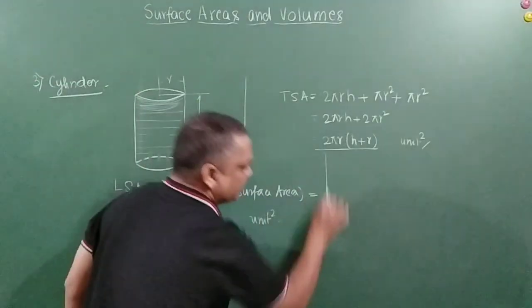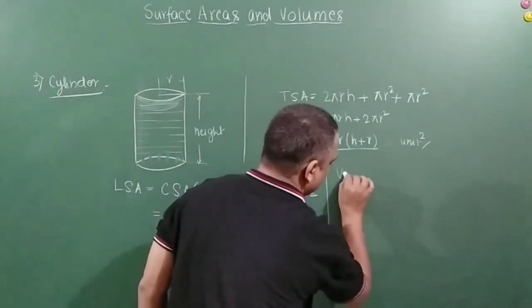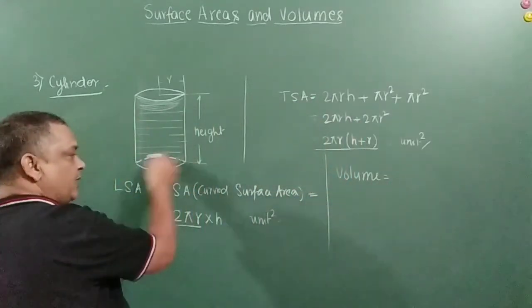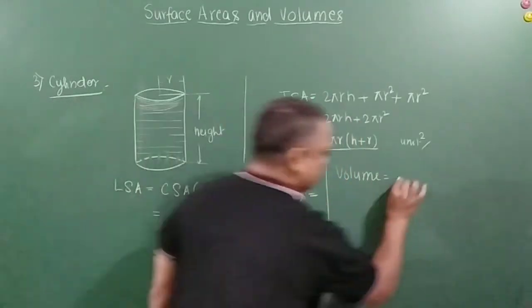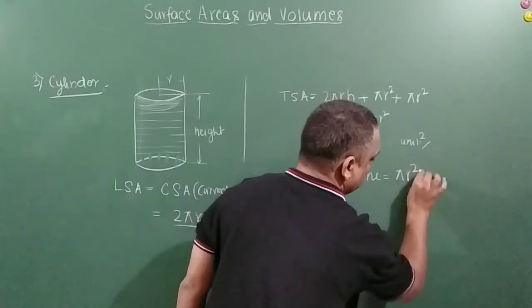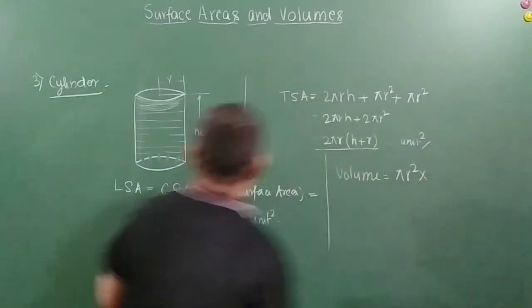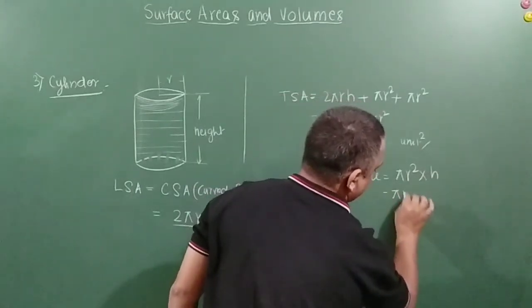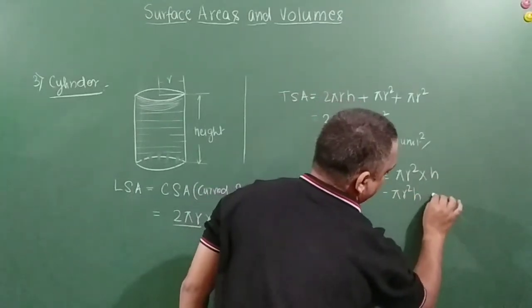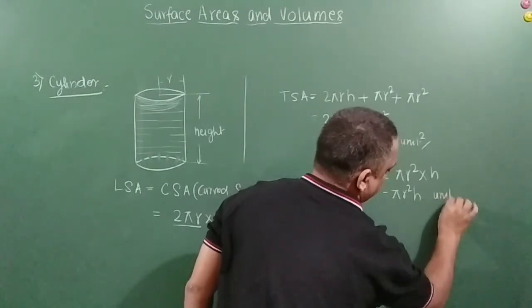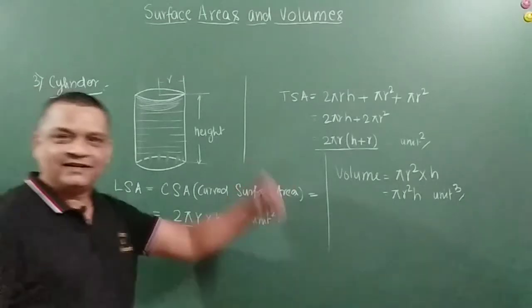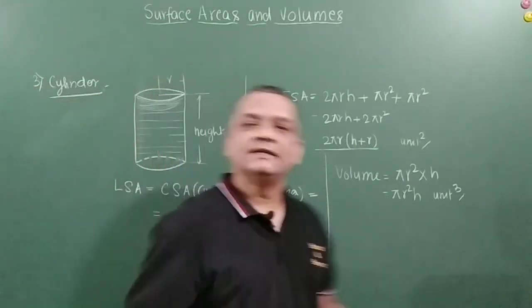So in that case, volume will be area of the base, which is nothing but pi r square, into height, that is h. So it is pi r square h, and which is in unit cube. You got it? So this was all about cylinder.